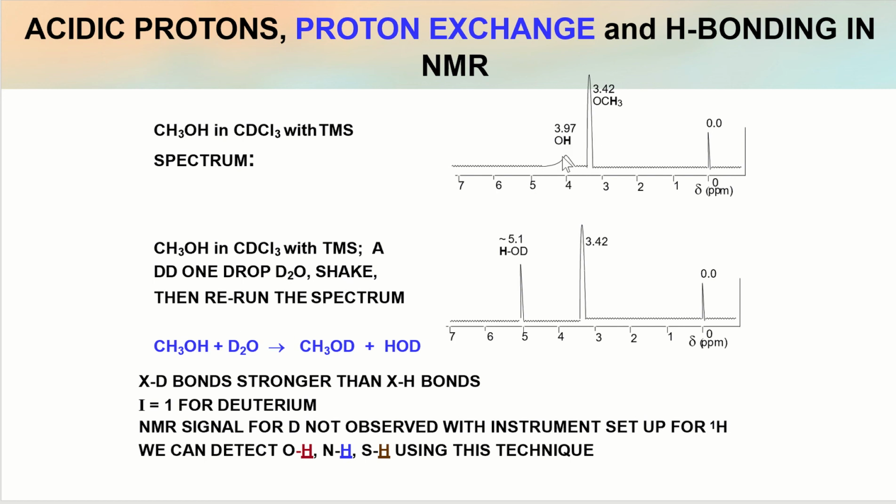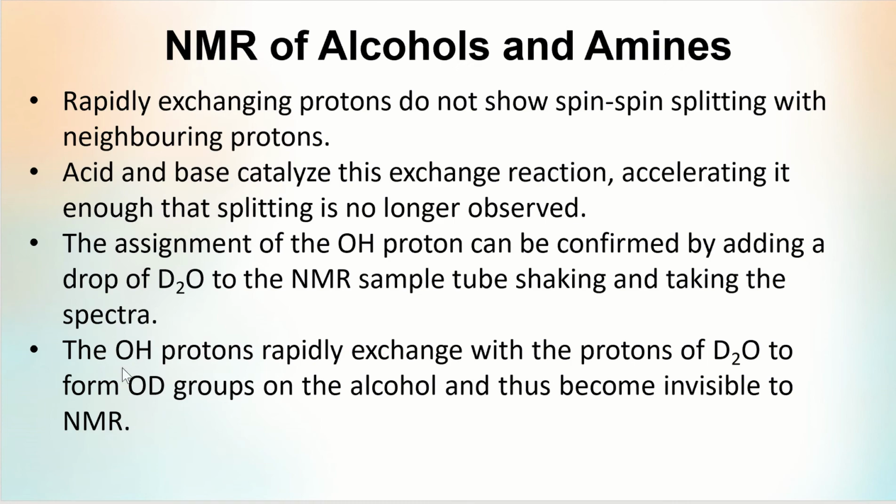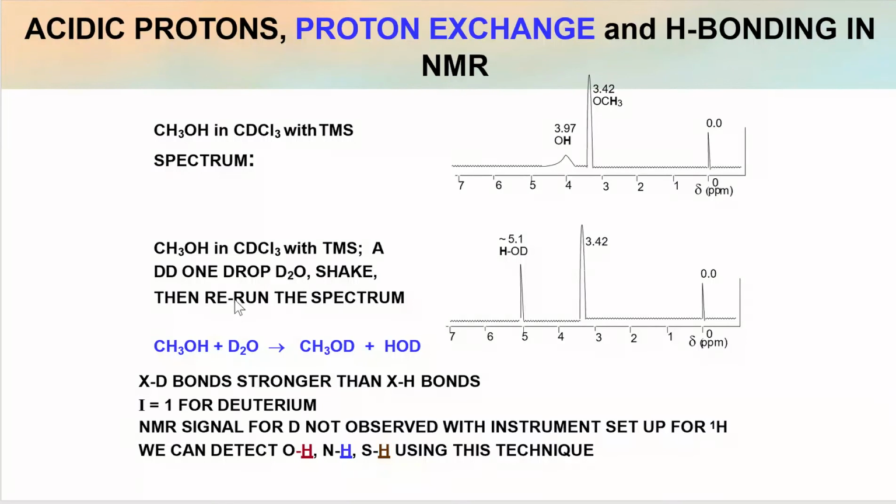Our hydroxyl group disappears, and therefore, as we said on this slide, the hydroxyl proton rapidly exchanges with those D2O protons, and they form OD groups to the alcohol and thus become invisible to the NMR.